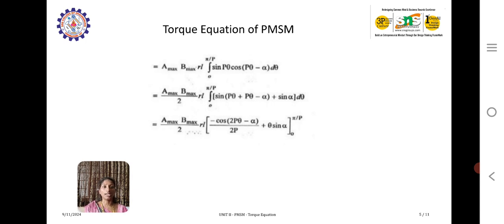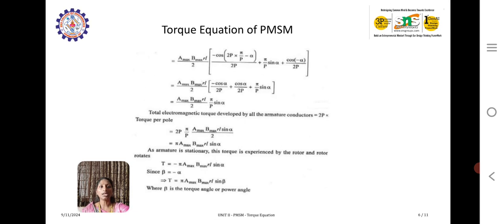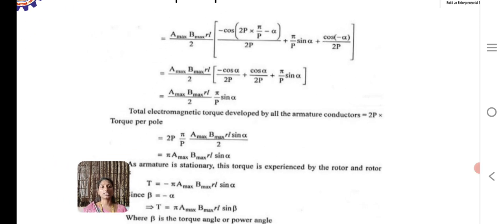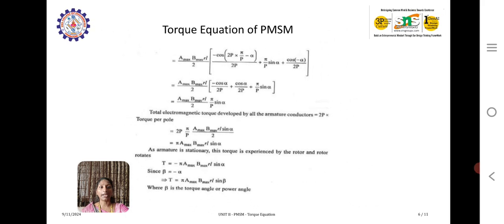By integrating sin (2 P theta minus alpha), we get minus cos (2 P theta minus alpha) by 2P, since integrating sin gives minus cos, plus integrating with respect to theta gives theta sin alpha. By substituting the upper limit and lower limit, we get the equation A max B max R L by 2 times pi by P sin alpha.